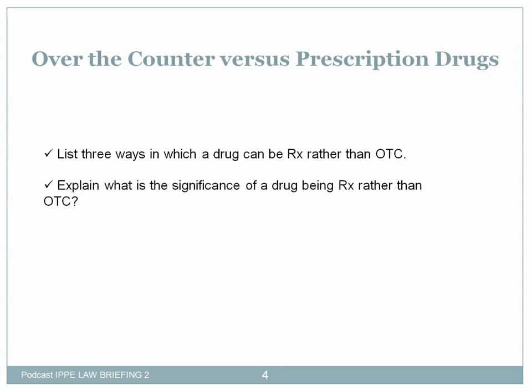There are specific drugs labeled in that section, and what this says is that drugs are prescription only drugs because they are habit forming. So that is one way a drug can be a prescription rather than an over-the-counter drug, being a habit-forming drug that is listed in Section 502 of the Act.